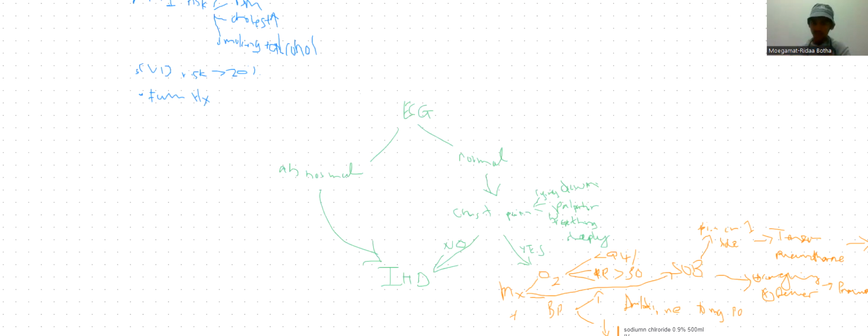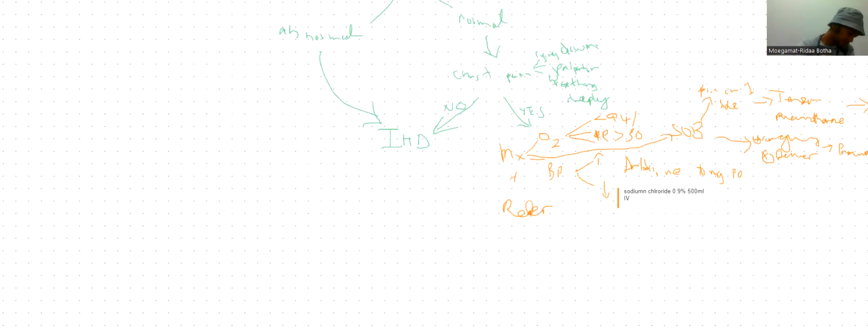If the ECG comes back normal, you ask: is the chest pain there while lying down? Is the chest pain there during palpation? Is the chest pain there when you have shortness of breath? If it's no, then it's skin disease. But if it's yes, then we have to manage appropriately.